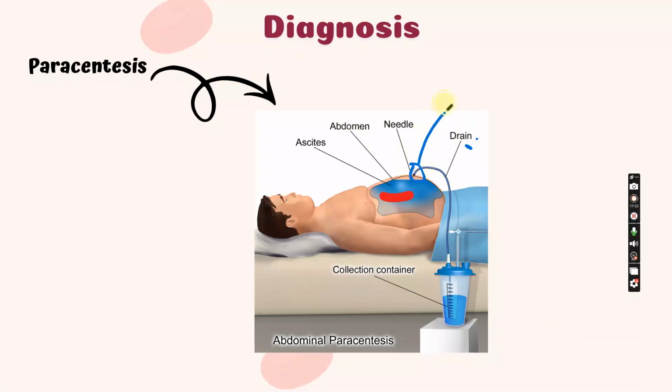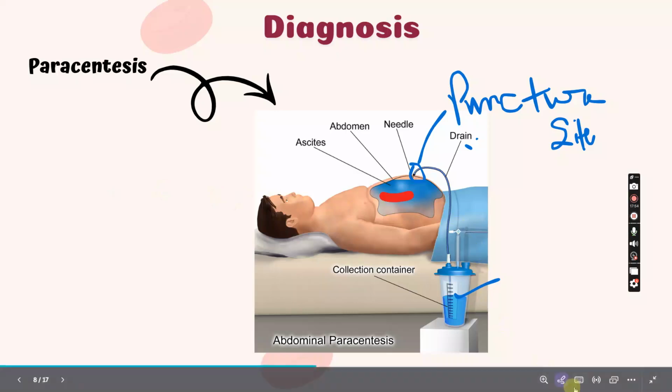This is the puncture site. And we'll drain it into a collection container. Paracentesis is both a diagnostic test as well as a treatment for the ascites.